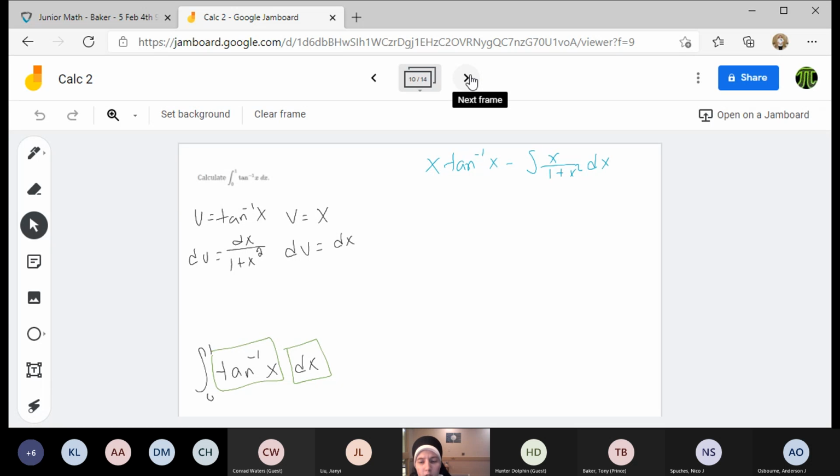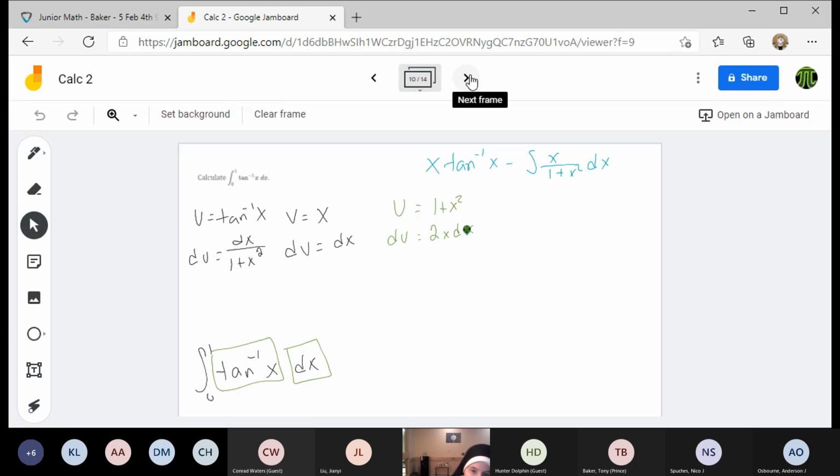Would we do substitution? Yep, we can do substitution. What do you want to make your u? Would it be the 1 plus x? Yeah, it'd be the 1 plus x squared. So therefore, du is going to be 2x dx.